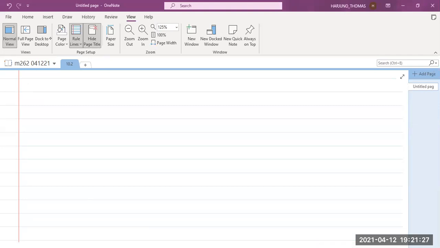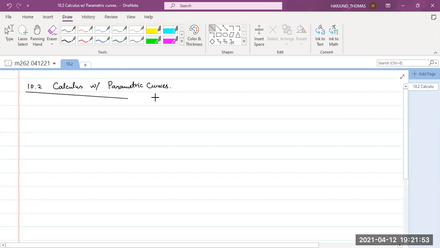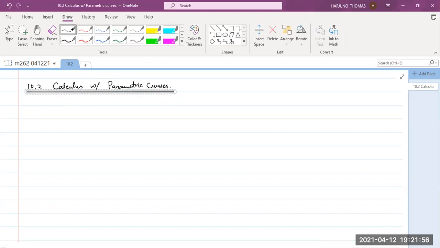First one on derivative, on tangent. So 10.2, calculus with parametric curve. Now, first one is on tangent.